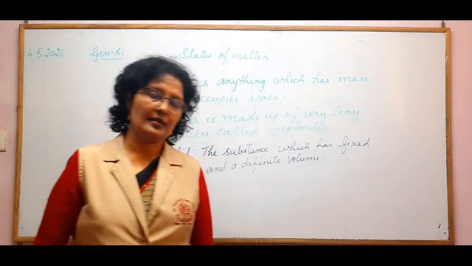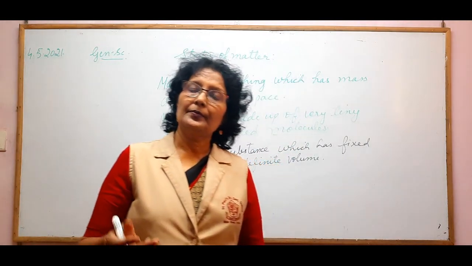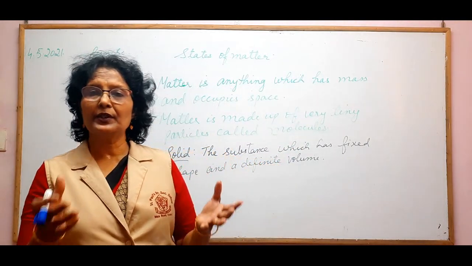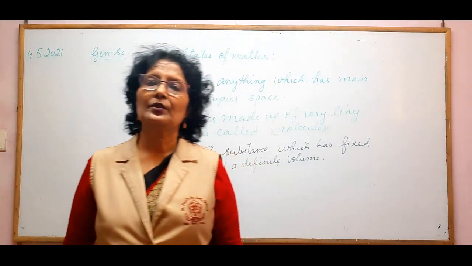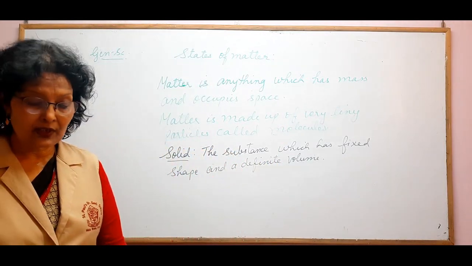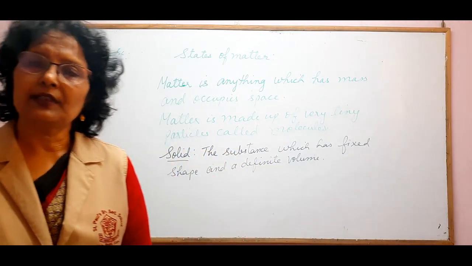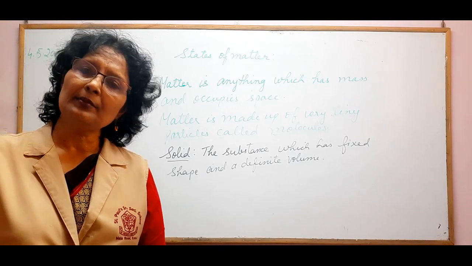They are hard. Take a book, for example. Now this book, place it on the table. You take the book and keep it on the table. Is that clear? Now what happens? You observe it. Does it change the shape? No. The book is the same shape.